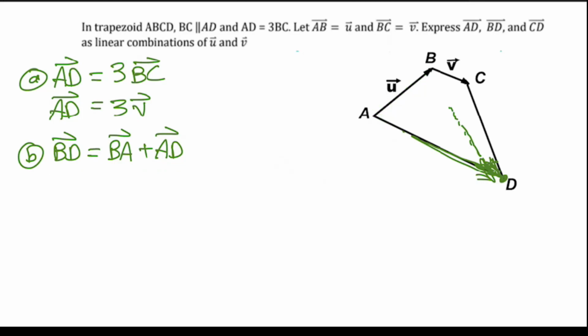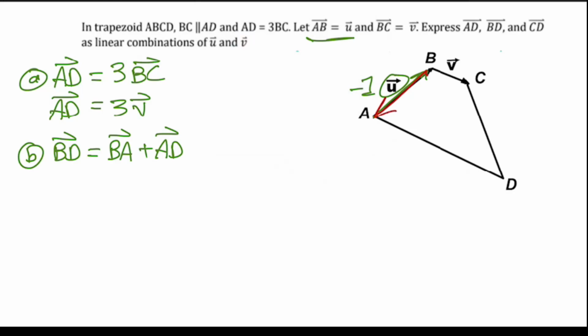And let's just tidy this up. I want to try to keep this uncluttered so you can just focus on the important part one piece at a time. So what do I know about vector BA? Well, vector AB is equal to U. We have that right here. AB is equal to U. We're going in the opposite direction. So remember, I just need to multiply my vector by -1. The length stays the same, but the direction changes.